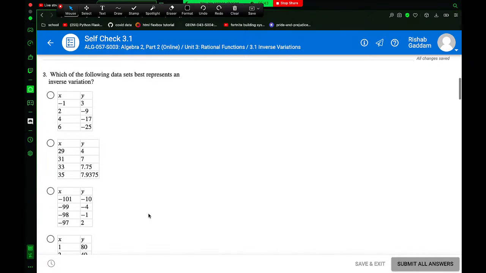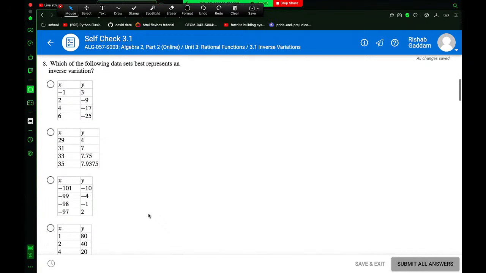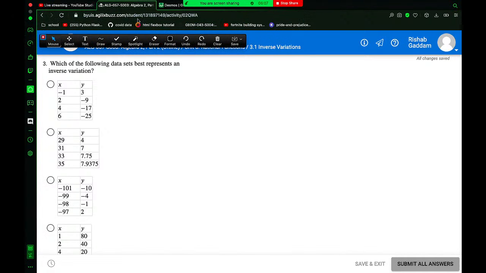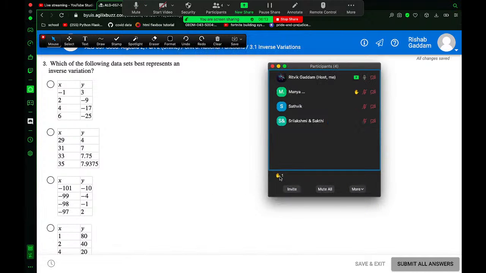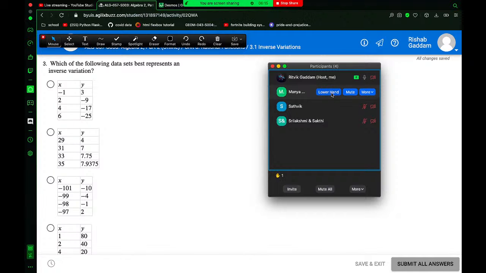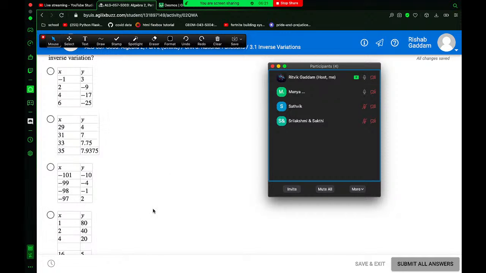Which of the following data sets best represents an inverse variation? Remember, an inverse variation is when x goes up, y goes down. If you want to do this one, raise your hand in the chat. Okay, Manya, you can do this one. Which one do you think it is?